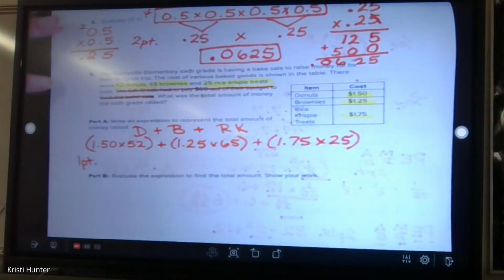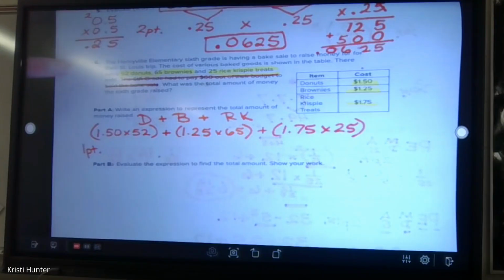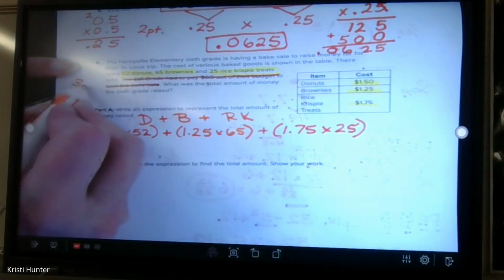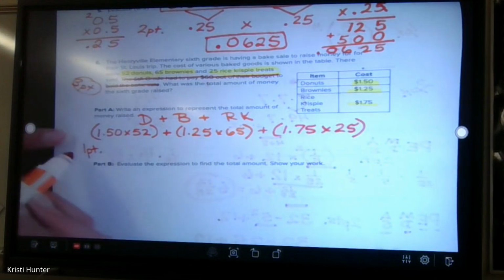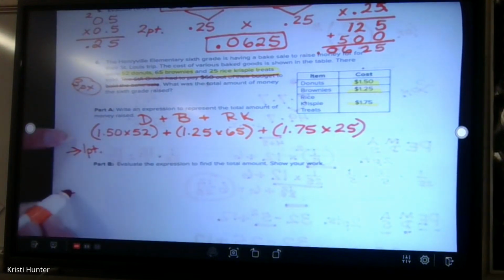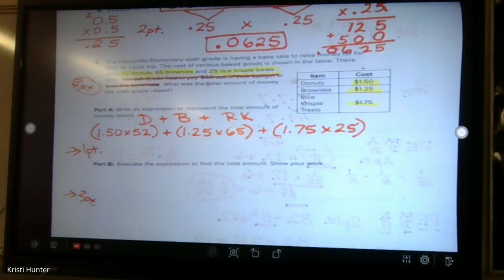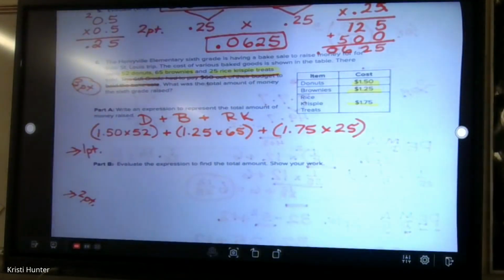Your 2 other points from this problem. So number 6 is going to be 3 points total. This is point 1. Your other 2 points are going to come from this down here, that you can now evaluate it. These 2 points are given because you have followed the order of operations and you have done your math correctly.